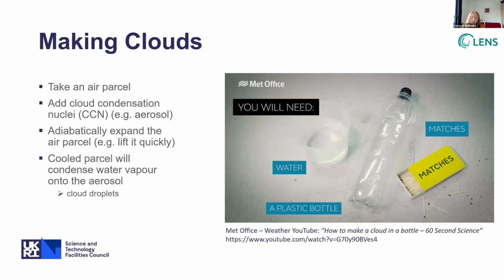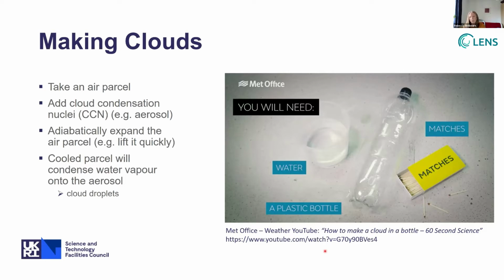So what's happening here? Well, in order to understand this, we need to think about how a cloud is formed. If you like doing little demonstrations at home, I highly recommend looking at this video from the Met Office on how you can make a cloud in a bottle. Now, in order to make a cloud, if we take our parcel of air that has a certain amount of water in it, we raise it through the atmosphere, it adiabatically cools as it expands and gets closer to the saturation of water vapour.